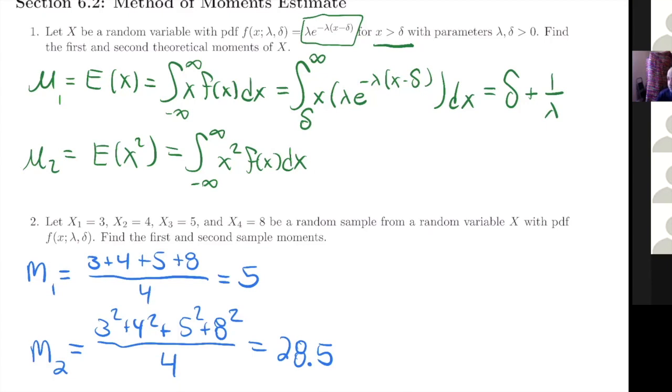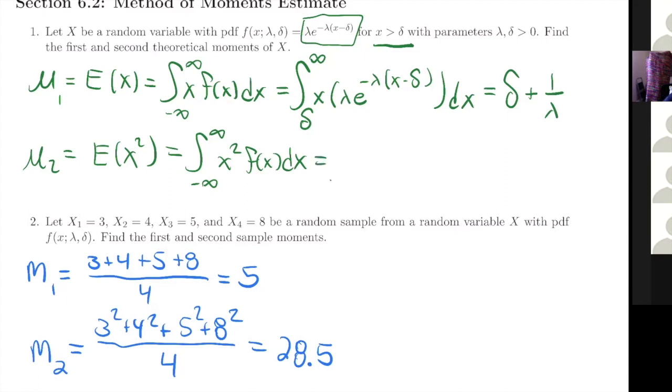Any questions? I would definitely leave that as an exercise for you to think about integrating that. But delta and lambda are constants. We're just treating them like constants whose values are undetermined at this point, and x is our variable.